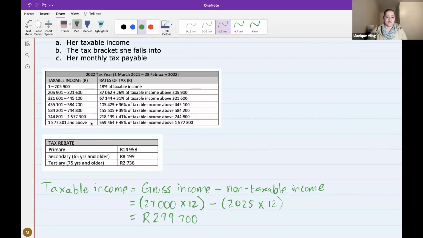She falls into the second one, tax bracket 2, good. I'm just going to put the answer next to the question here, tax bracket 2. You can also write out what I've just highlighted in blue as the answer.